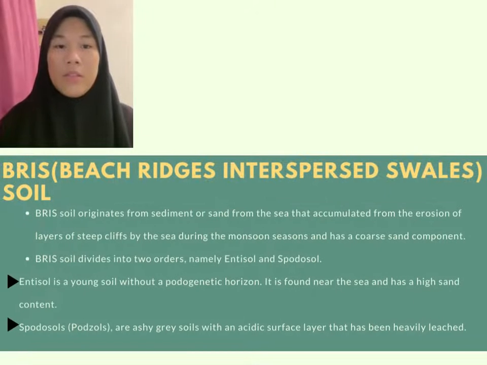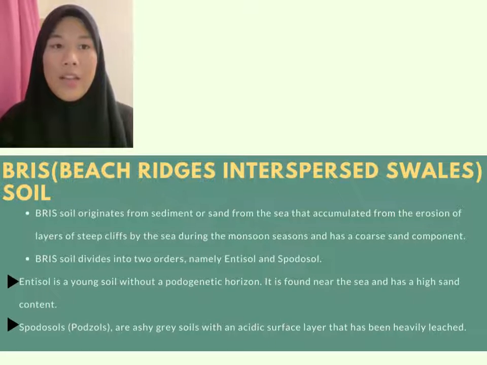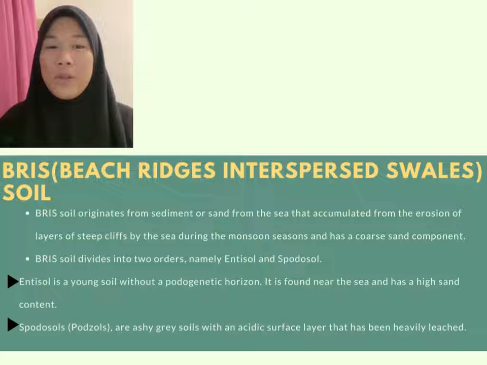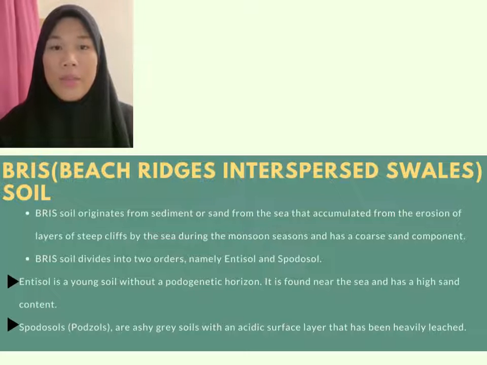Next, bris soil, or known as beach ridges interspersed with swales. Bris soil originates from sediment or sand from the sea that accumulated from the erosion of layers of steep cliffs by the sea during the monsoon season and has a coarse sand component.